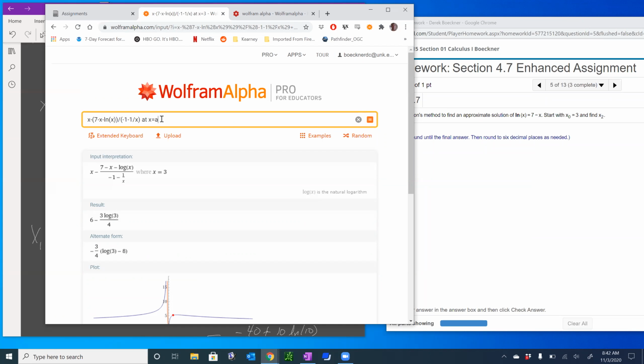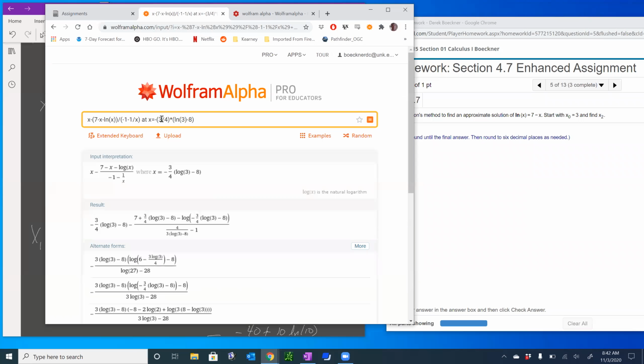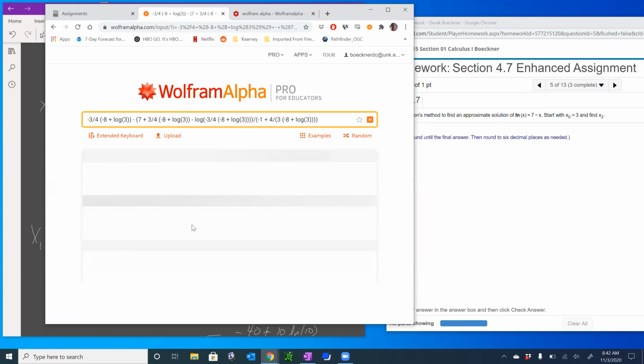And we're going to tell it at x equals this thing, which is minus 3/4 of natural log of 3, minus 8. And it's going to give us this. And then we take this and we evaluate it to 6 decimals.